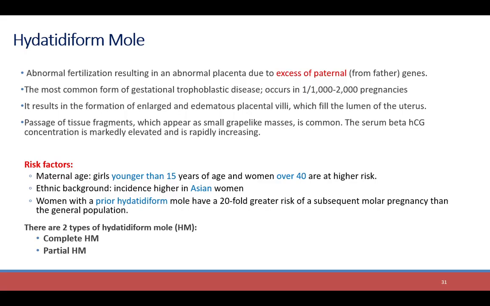How do we pick up the hydatidiform mole? Clinically we see enlargement of the abdomen, and the uterus doesn't fit the real age of the pregnancy. It looks larger than what we expect.